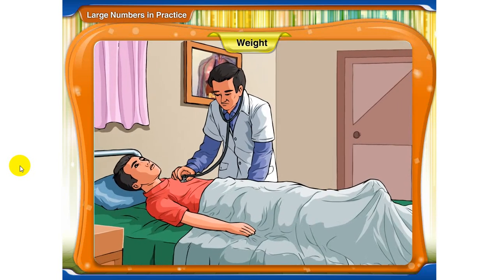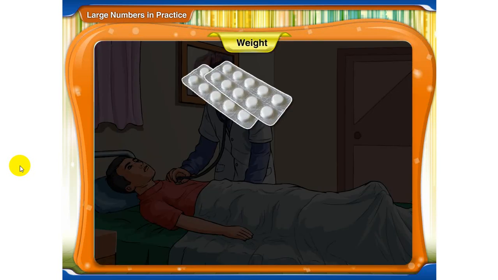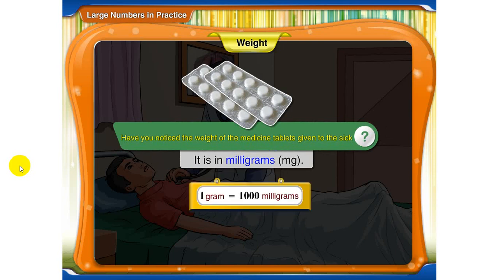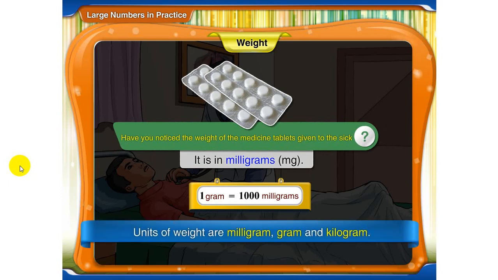Have you noticed the weight of the medicine tablets given to the sick? It is very small. It is in milligrams. 1 gram is equal to 1000 milligrams. So, units of weight are milligram, gram, and kilogram.